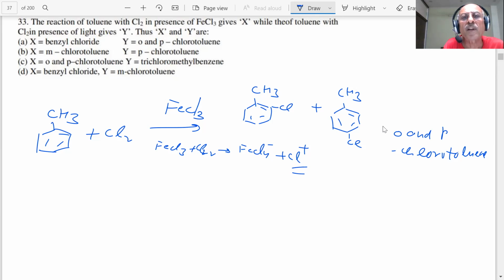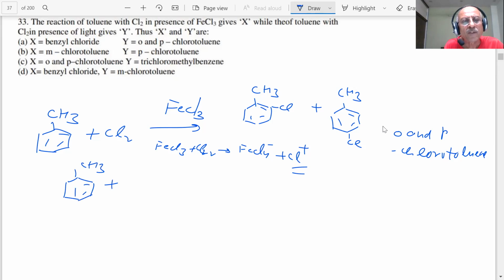The reaction of chlorine in the presence of Fe gives X, while that of toluene with chlorine in the presence of light gives Y. So what is going to happen when it reacts with chlorine in the presence of light?